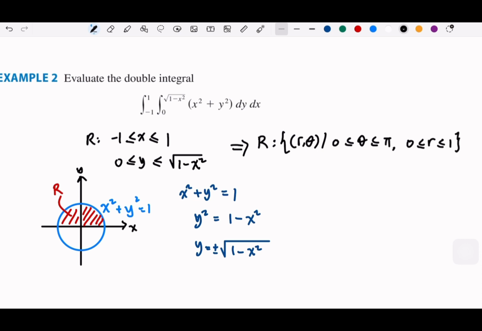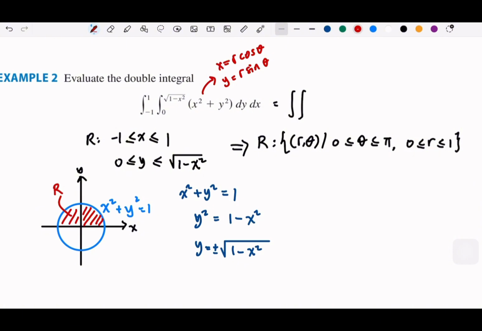Then we can convert, remember, x with r cosine theta, y with r sine theta. Since we have x squared and y squared, when we add these, this is r squared, right?